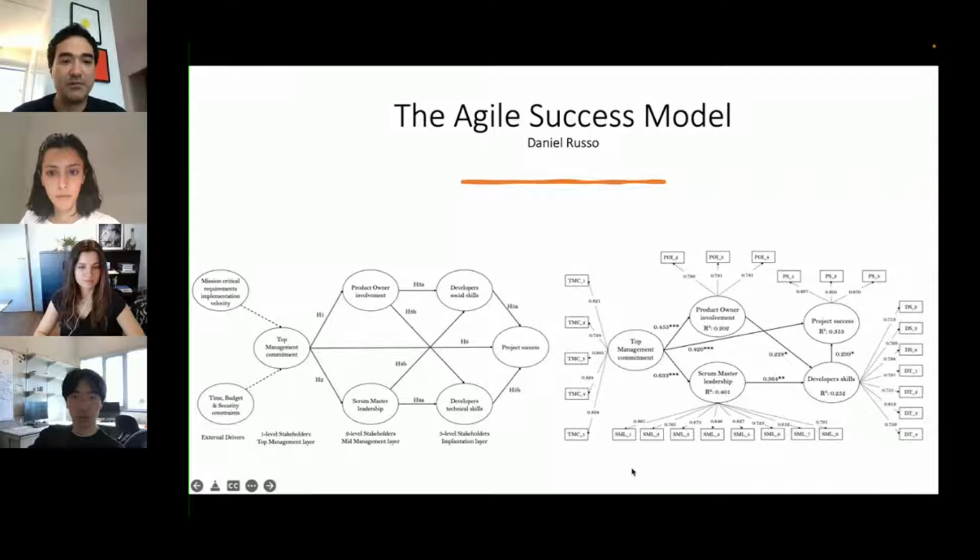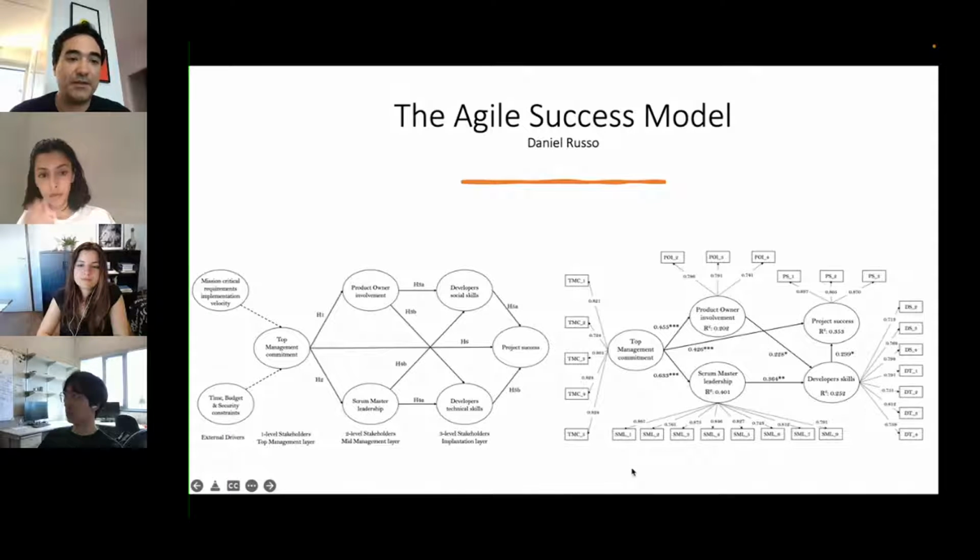On my screen, you can see the theoretical model that I developed during my qualitative investigation, where I was able to identify the external drivers that were specific for the organization that caused the change, which eventually made the top management of the organization start this process.